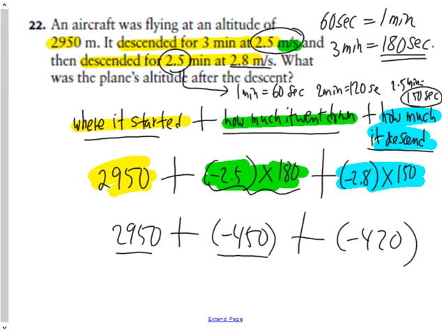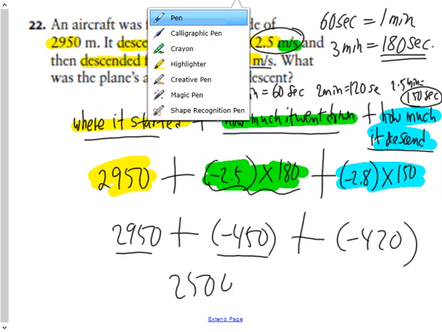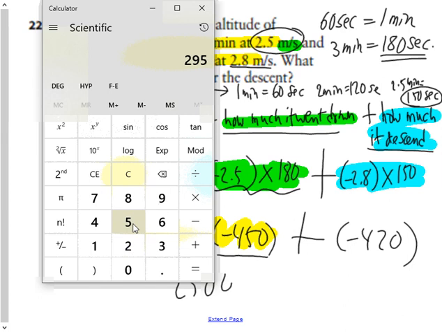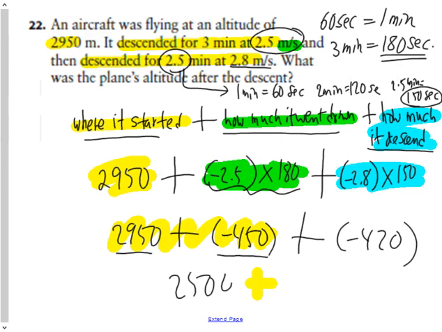So when I combine all three of these, I'll use my highlighter here. When I combine these first two, if I want to use a calculator, what's 2,950 plus negative 450? It's 2,500, plus negative 420.